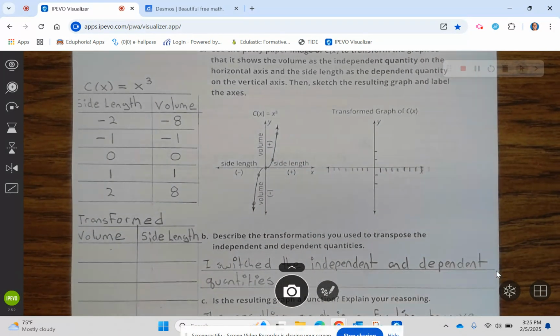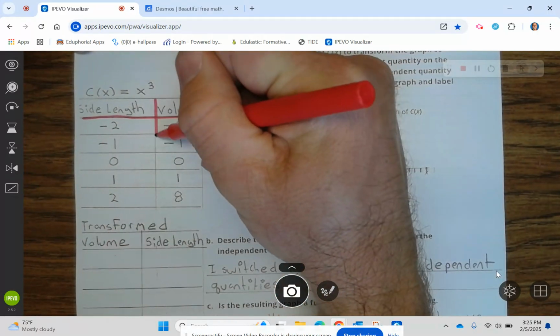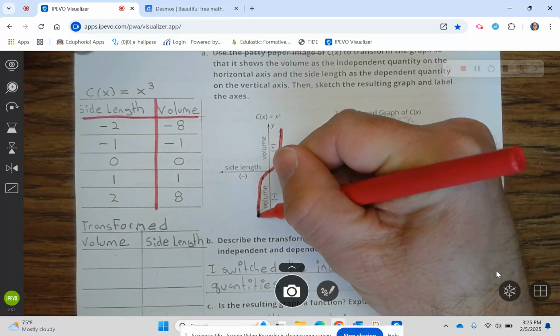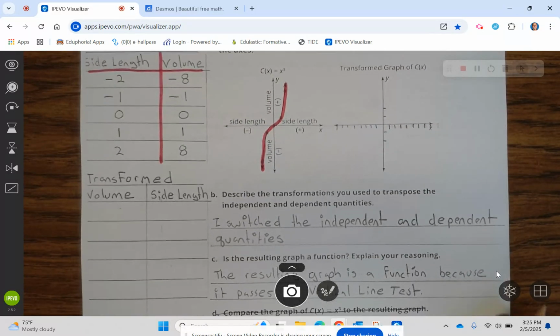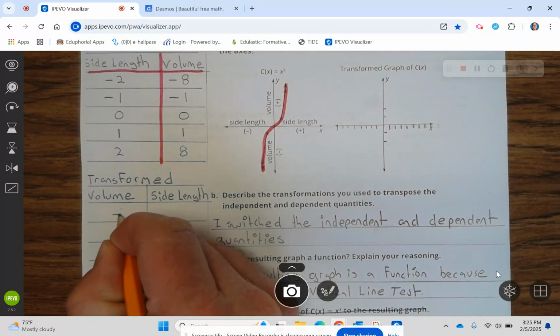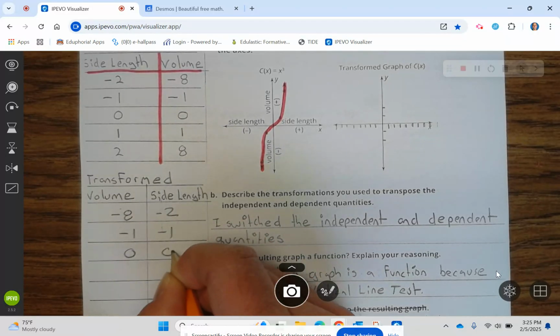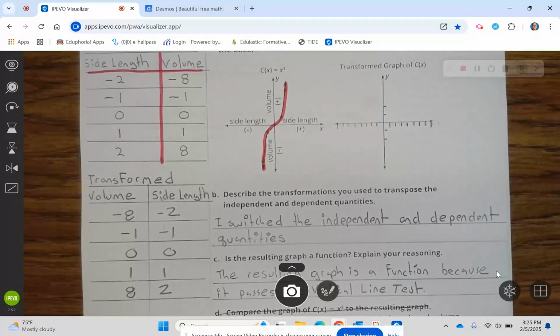Okay, so this table corresponds to this graph. Now, the transformation, we switch the x and y values. So this is -8, -2, -1, -1, 0, 0, 1, 1, 8, 2.